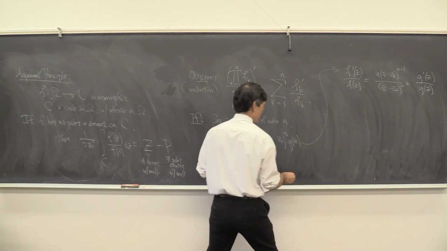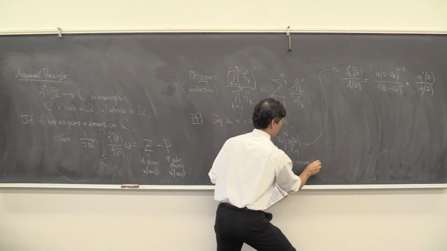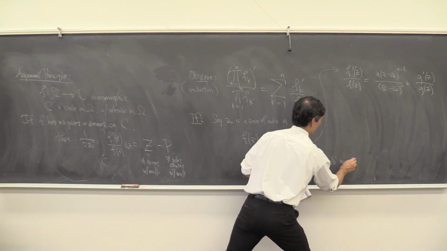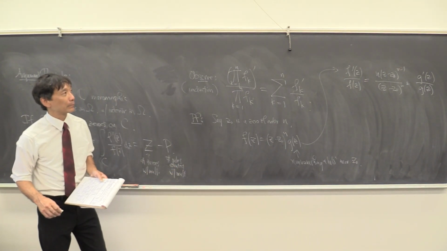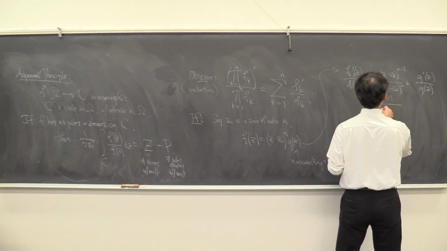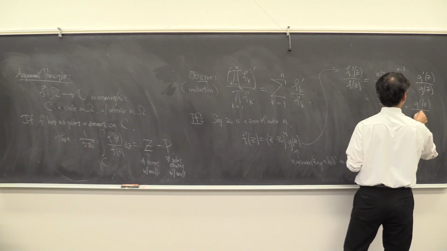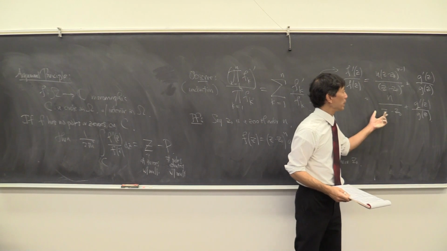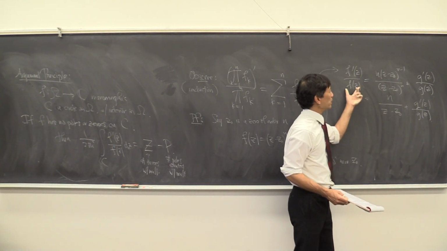Remember that g was non-vanishing and holomorphic in some neighborhood near z naught. In other words, we get n over z minus z naught plus some holomorphic function. In other words, this thing has a residue of n.